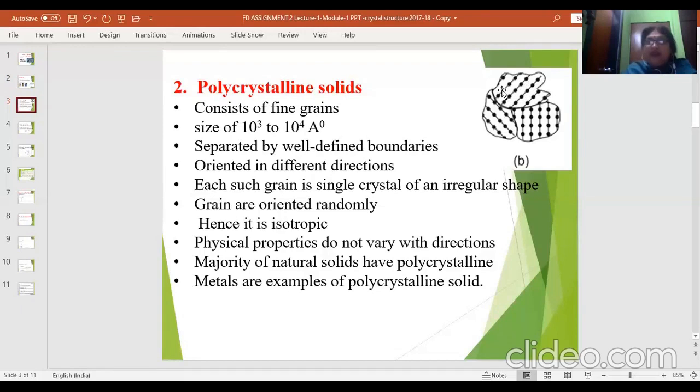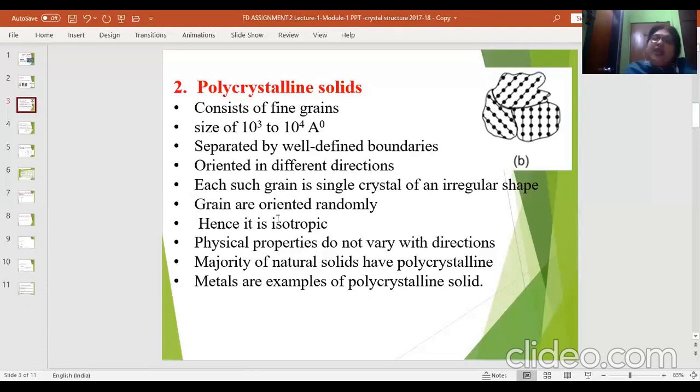If there are many grains, then there is a definite grain boundary separating them from each other. Therefore, they consist of fine grains such that the size of each grain is 10 raised to 3 to 10 raised to 4 Angstrom, separated by well-defined grain boundaries.